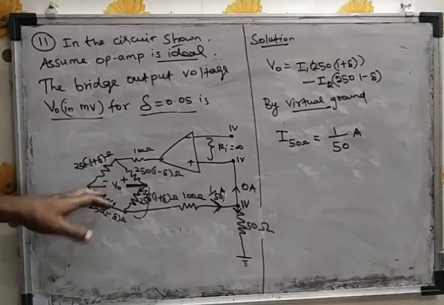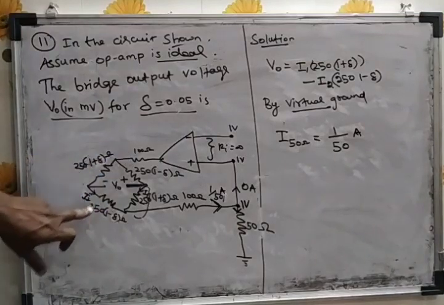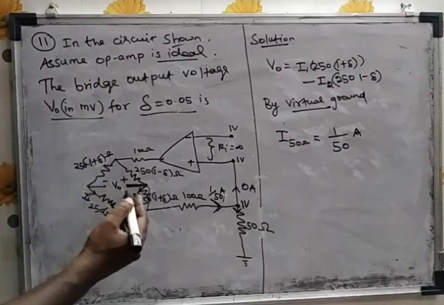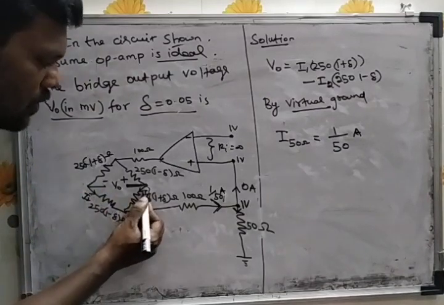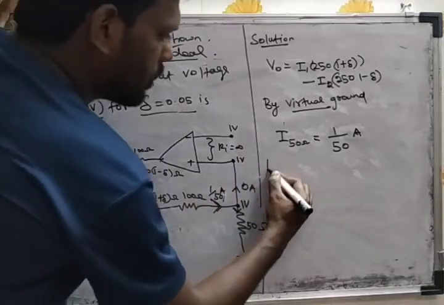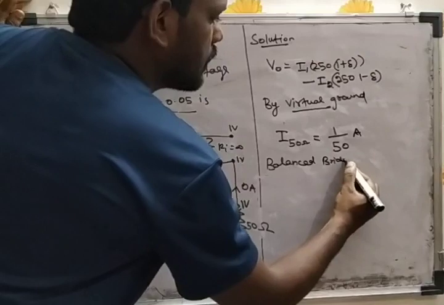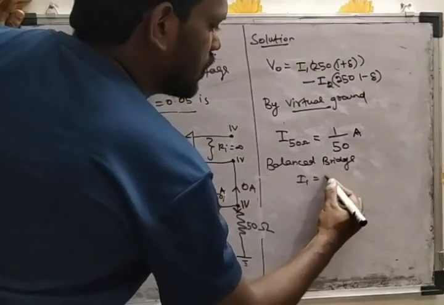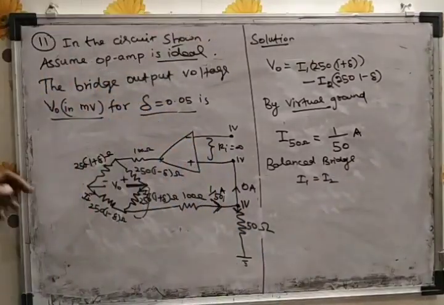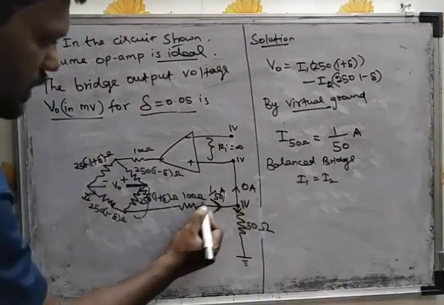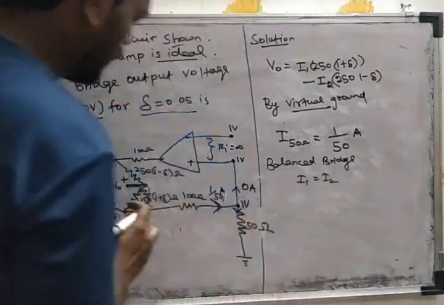Looking at this bridge circuit, this is actually a balanced bridge, so the current I1 is equal to I2.